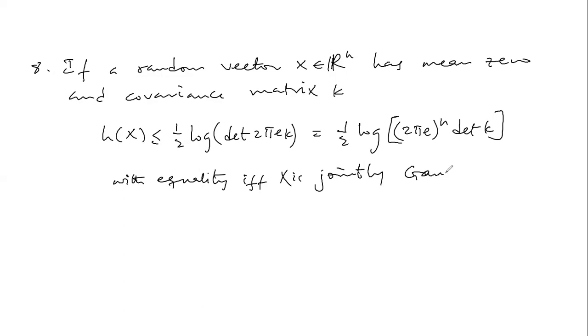Okay. And we already know that covariance measures the direction of the relationship between two variables. Okay. So now we're going to apply some of these things in the Gaussian channel.